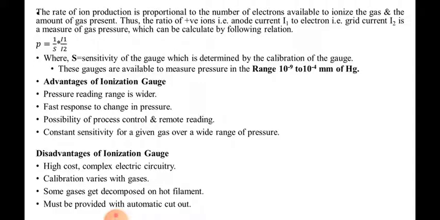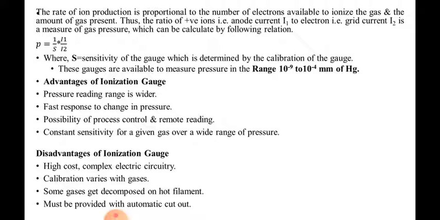The rate of ion production is proportional to the number of electrons available to ionize the gas, because in that enclosed chamber the unknown gas is having certain pressure. The rate of ion production in that enclosed chamber is proportional to the number of electrons available to ionize the gas and the amount of gas present.